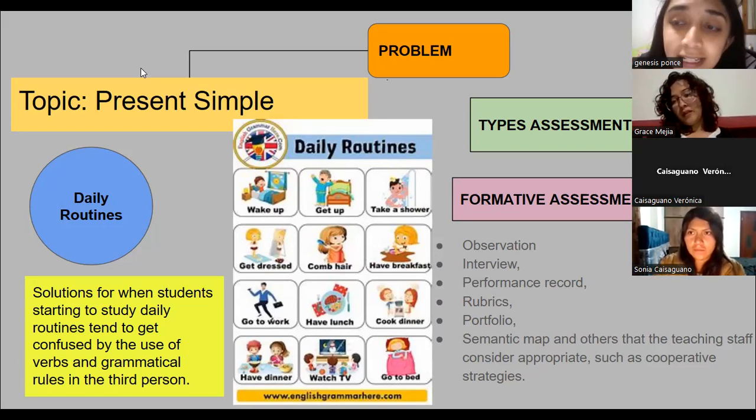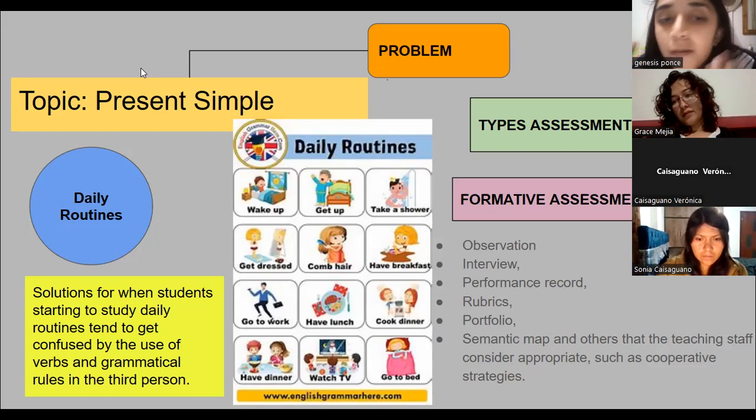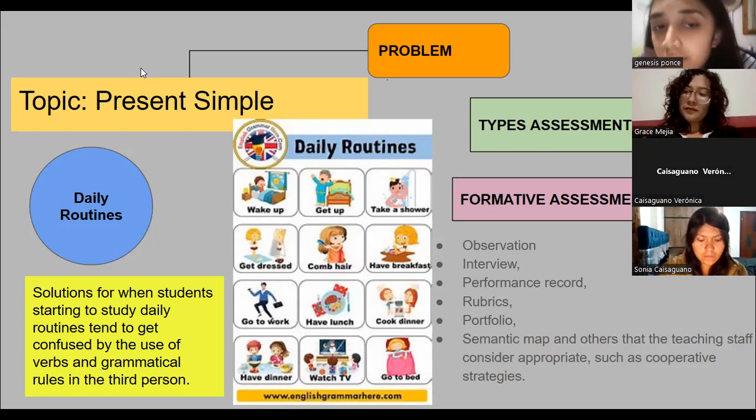It's easier to learn more with visual activities. For example, daily routines: wake up, get up. It's much better.